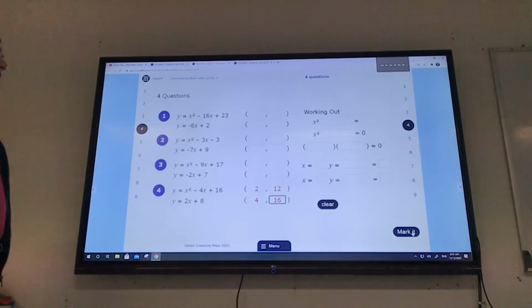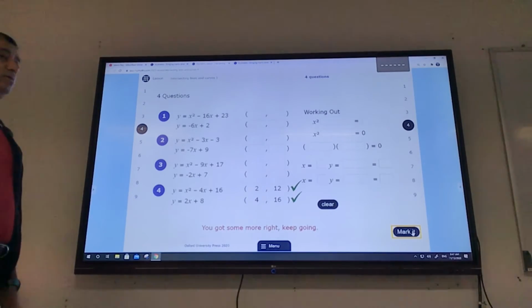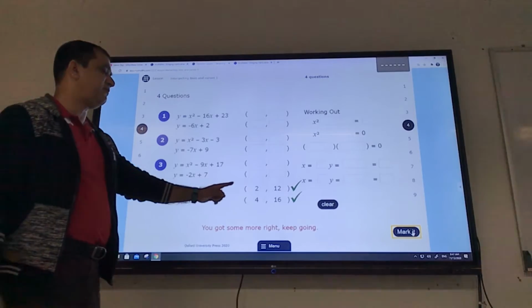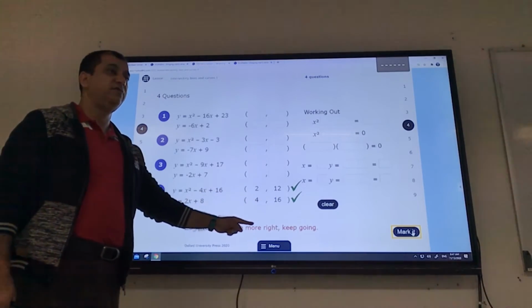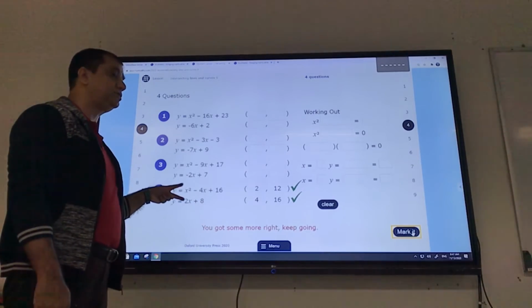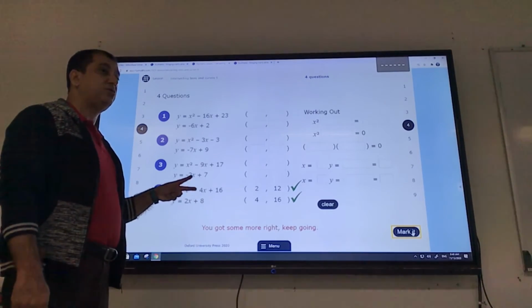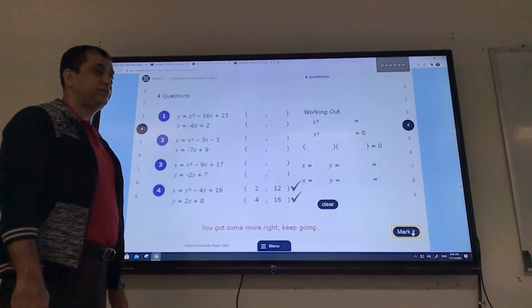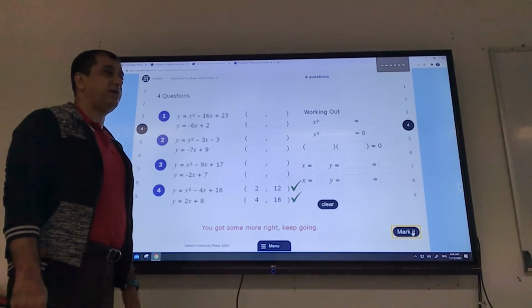He's putting the values of x and y and marking the point. Correct, guys. So, the points of intersection are (2, 12) and (4, 16), which are the simultaneous solution of these equations. Okay, means solution to both of these equations. Right?